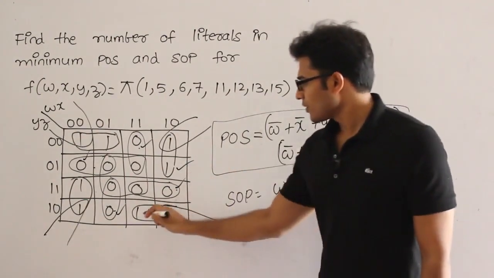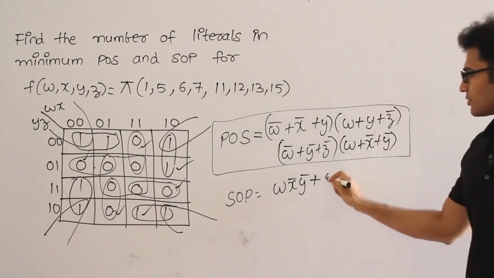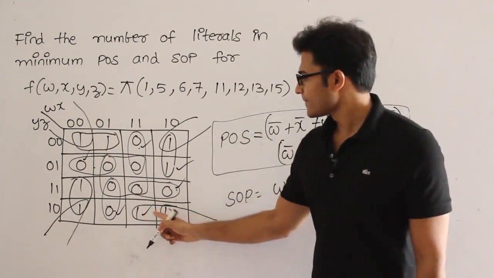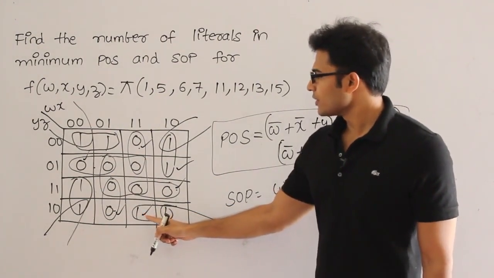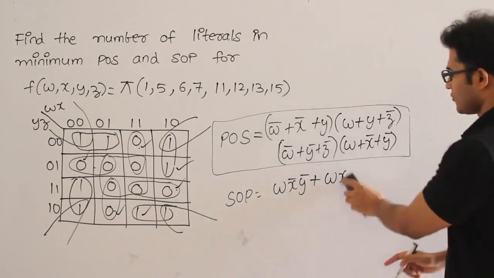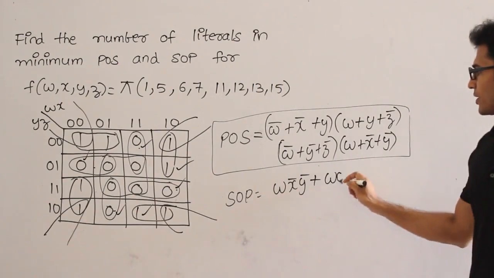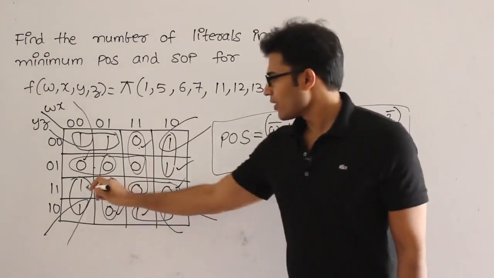This is over. Now if you choose this one, w and x are not changing, therefore w and x, both 1, 1. And then I am choosing this one, right? So only w is not changing, therefore w, and then y and z are not changing, therefore y z prime, plus. This is over. Now I have to choose this one.